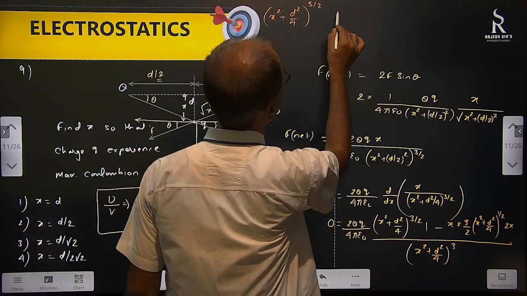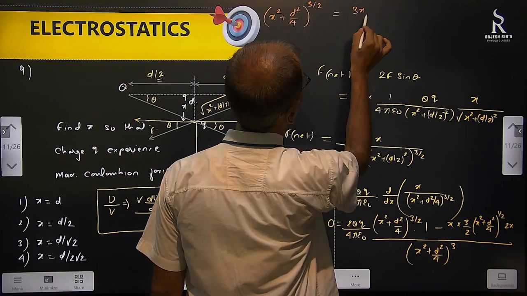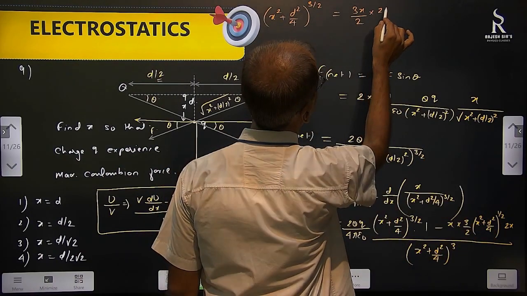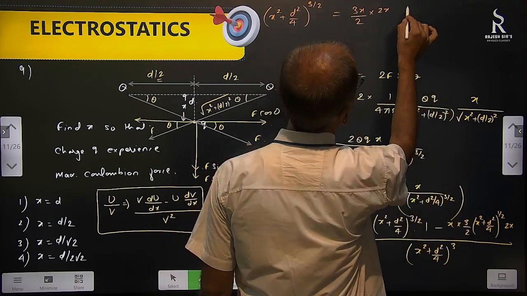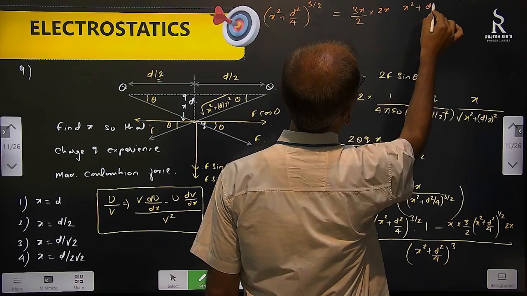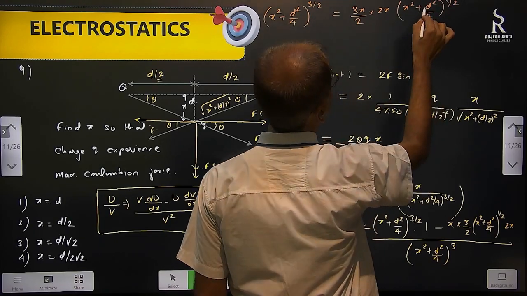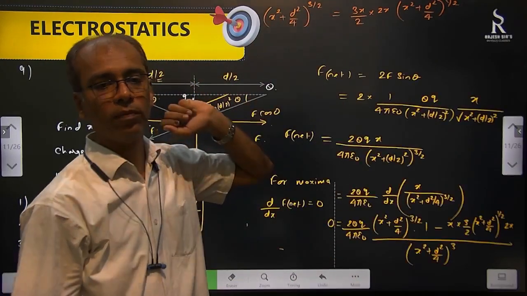So what we have? 3x by 2 into 2x. Now here this x square plus d square by 4 to the power half can cancel over here, because here also I have power half.